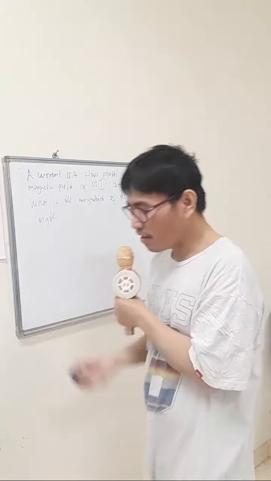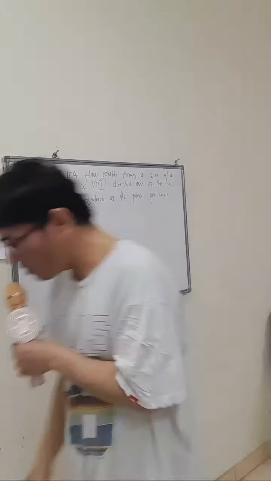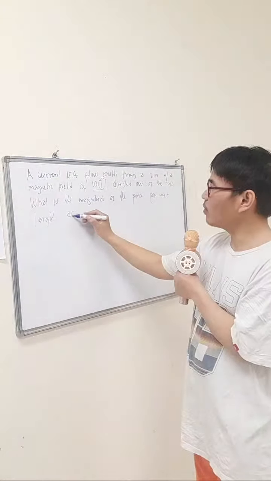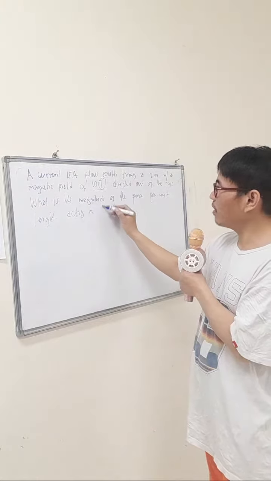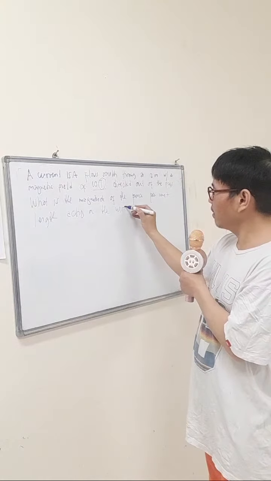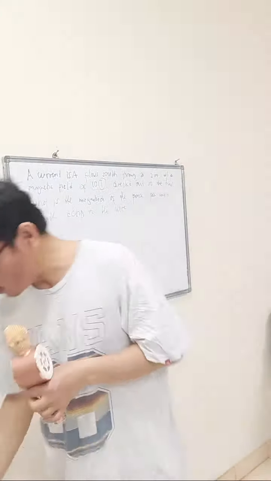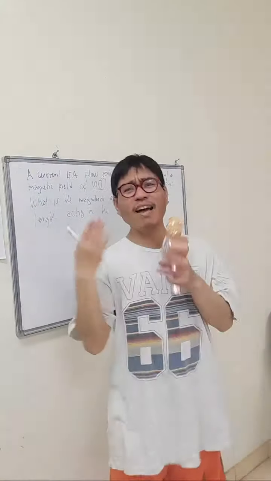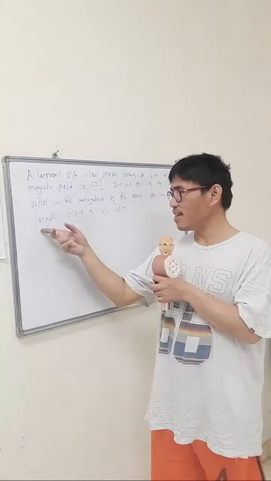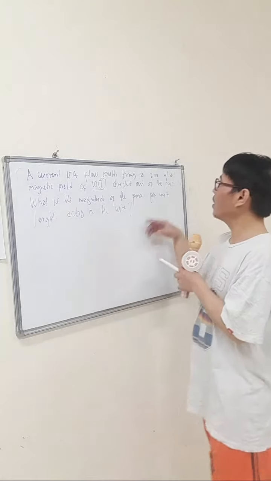Okay, let's analyze. Acting on the wire. It's going to be length, guys. Let me connect this to the theory. What I emphasize is that there's a unit length here, and there's also 2 meters here.